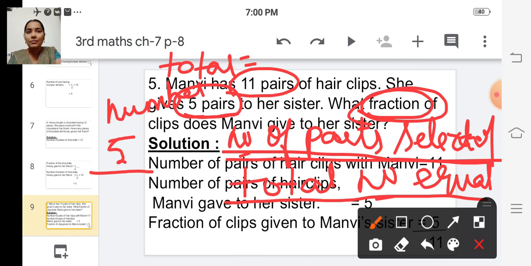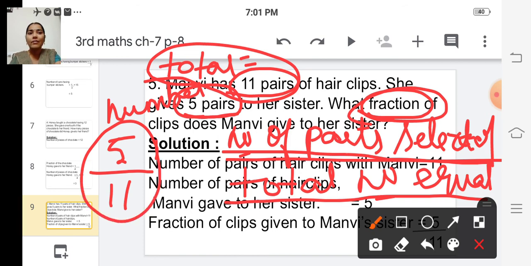What is the total number? 11, isn't it? So the denominator is 11. So the fraction is 5 by 11. It is very simple. Okay. You have to use this format only.